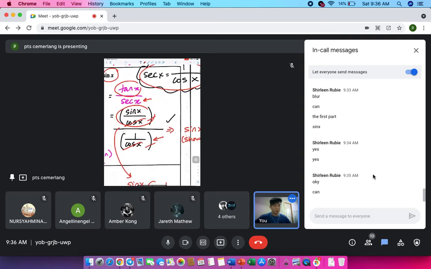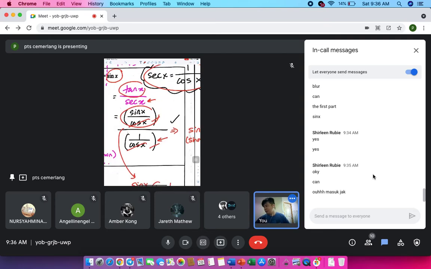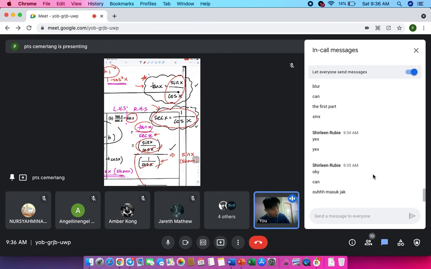You tengok step tu. Can you understand or not? Masukkan saja sin x over cos x. Lepas tu bawah tu jadikan 1 over cos x. Masukkan saja. The thing is that you have to memorize this one. In your Addmath banyak benda yang nak memorize actually. There are so many things to memorize, right?